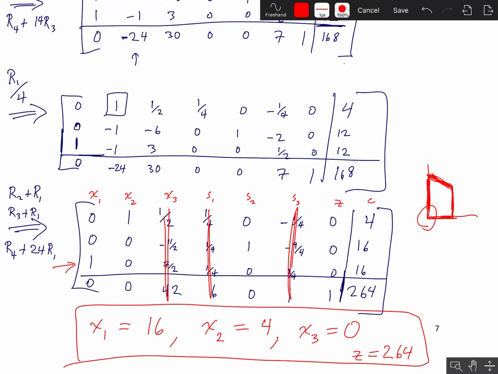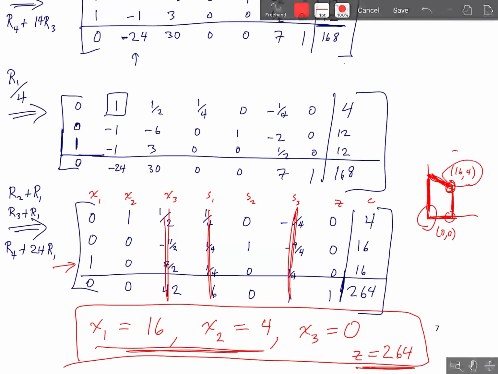If you were to read these off, then what's happening is you have that the initial simplex tableau will start you at 0, 0, and then every time that you pivot, you'll be going to a different corner point. So here we would land maybe at the corner point 16, 4, if we had x1 is 16 and x2 is equal to 4. And you can also read off from the tableau the corresponding value of z.